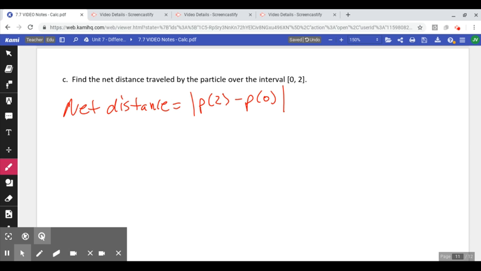So that'll be the change in position from p of 0 to p of 2. Now we actually haven't defined p yet, so let p of t equal the position of the particle. And we actually have to figure that out first before we can do this.